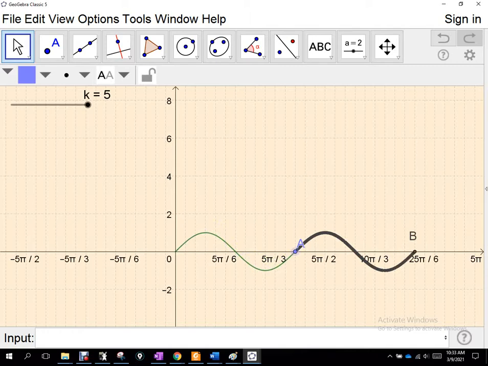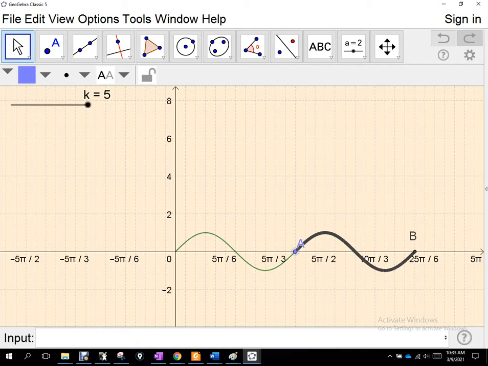So that first green section is referred to as one period, and sometimes you'll hear me say one cycle, of the sine function. And it's analogous to one revolution around the unit circle.